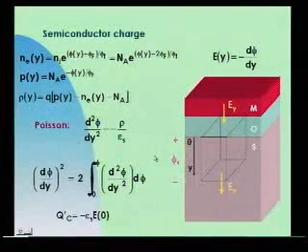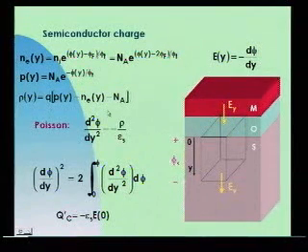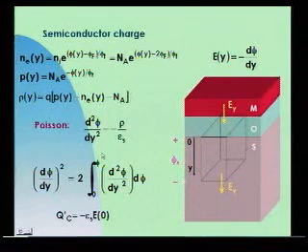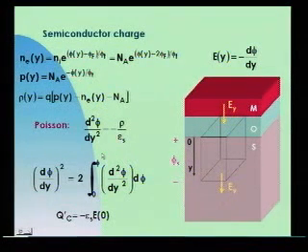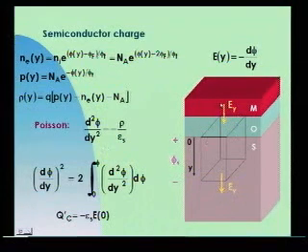You see, if I want to be rigorous, the Poisson equation in the case of the four-terminal MOSFET should be solved in its two-dimensional form, because now I have a transversal field and a longitudinal field.